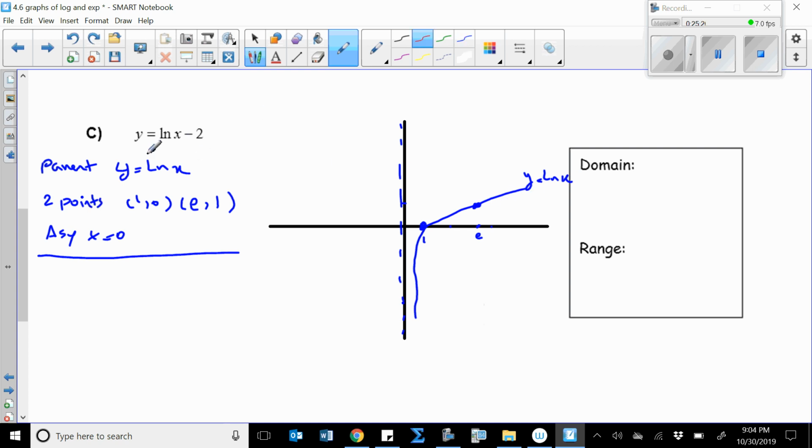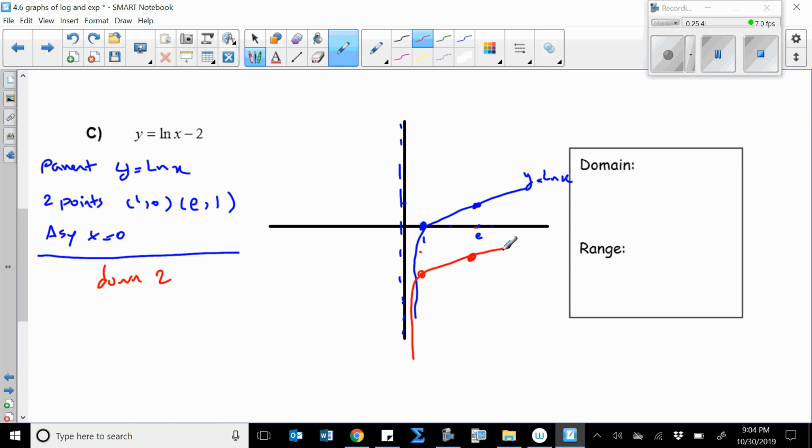Now, what transformations do I see here? This is down 2. So everything that I see here has to be moved down 2. So the 2 points will move here and then like this. The asymptote is x equal to 0. If I move it down 2, I won't see any change. So it will remain the same.